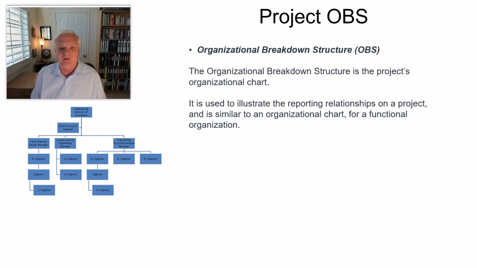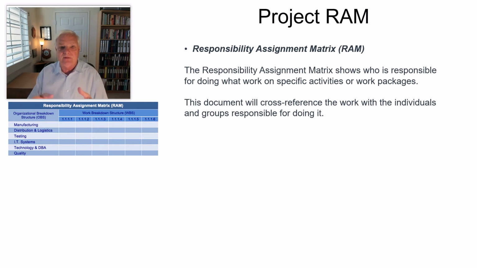Now, in addition to the project OBS, you've got the project RAM, the responsibility assignment matrix, that needs to start being formulated in the beginning of the project. You lay the RAM out, and the responsibility assignment matrix shows who is going to be responsible for doing what work. So we break down the work into those work breakdown structures, and then we say who would be doing that.